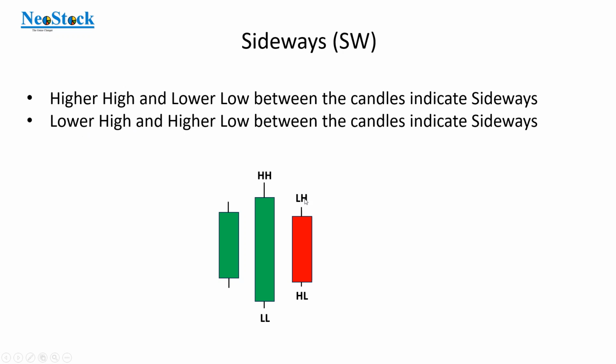We have lower high, and we have higher low. So that's why it satisfied both these points. So if the pattern is like this, or if the pattern is like this, in either way, it indicates sideways. The trend is sideways. Sideways means it is not uptrend or it is not downtrend.